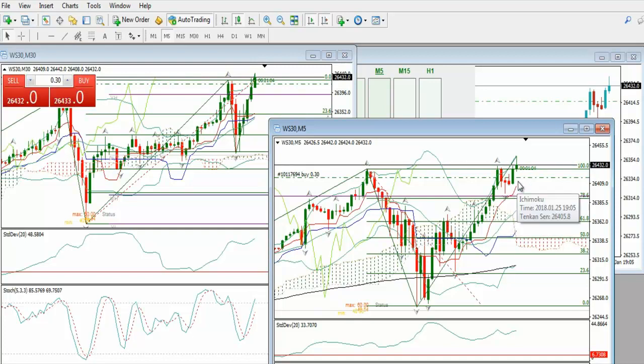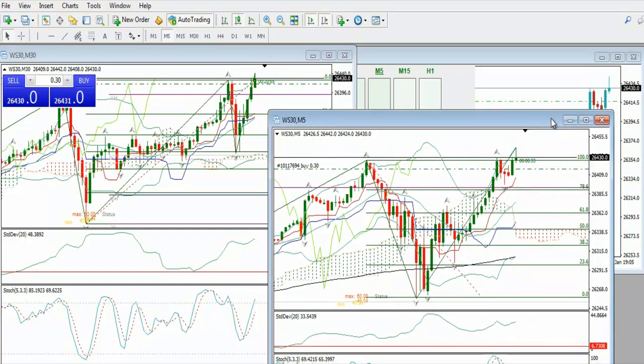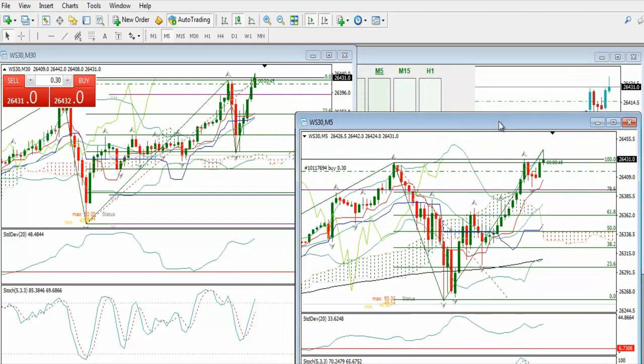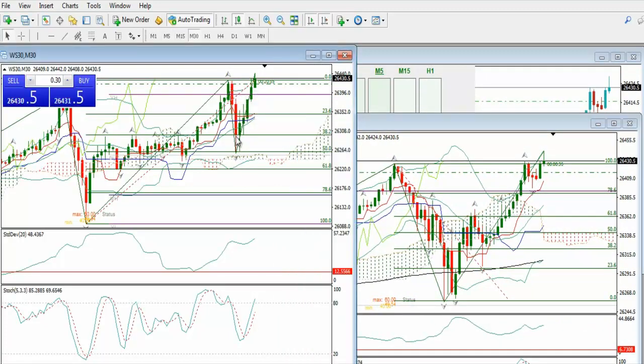And another thing that I'm thinking about is the Tenkan-sen. Maybe I should close my position when the Tenkan-sen is crossed, but it will be too late there, because we've made some late decisions there. The stochastic shows up. You see, this was here on a 30-minute time frame.